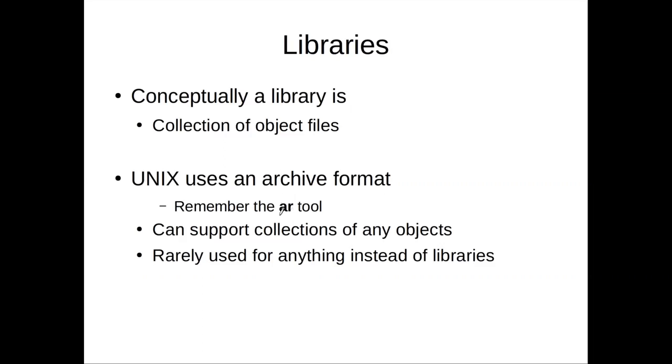There is an ar tool, which not many people use today, but it allows you to archive multiple object files together. So it can conceptually support collections of any objects, but today it's normally not used for anything besides static libraries.